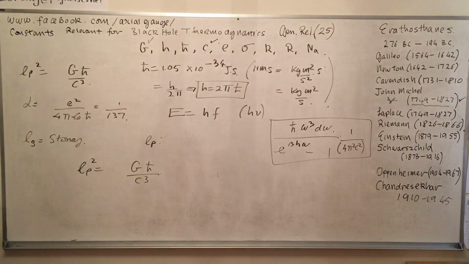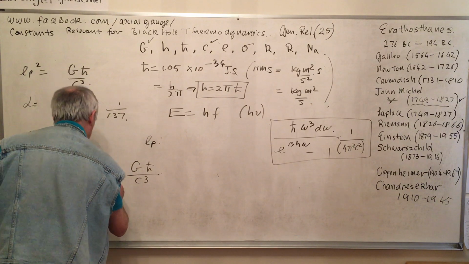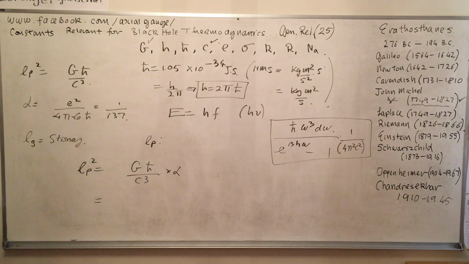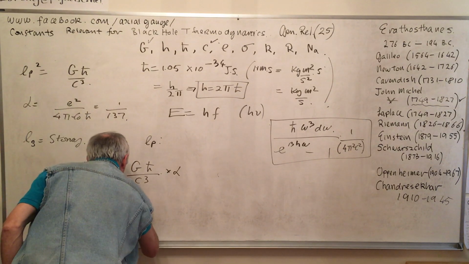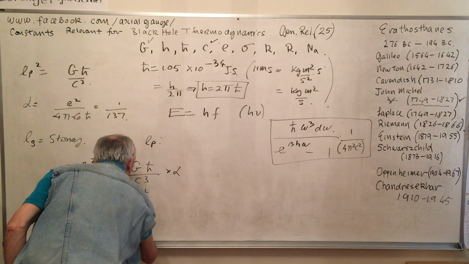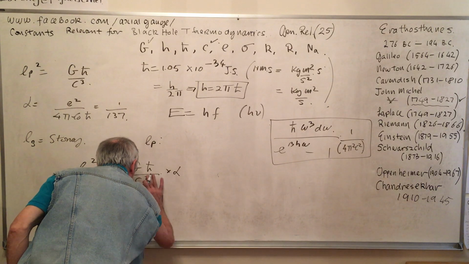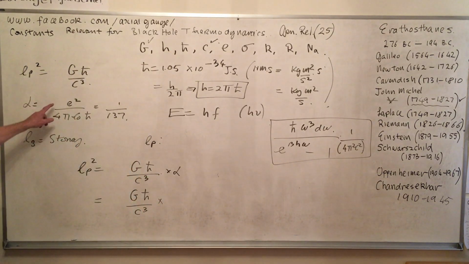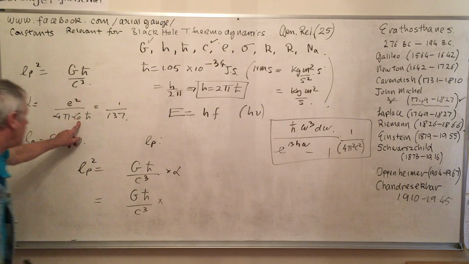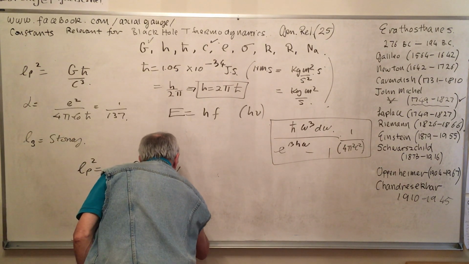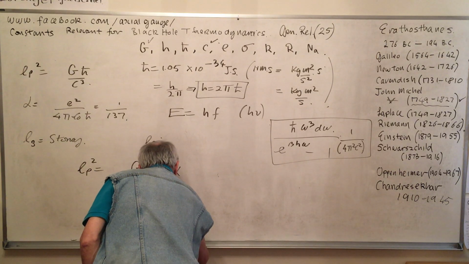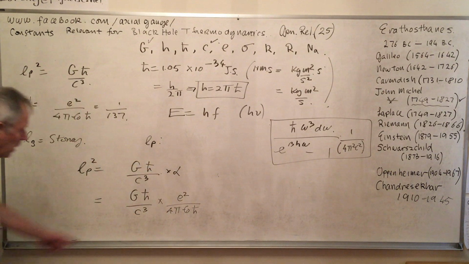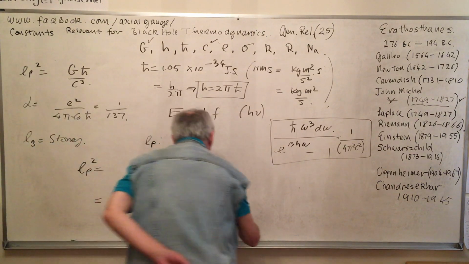Let's multiply LP squared by alpha, multiplied by the fine structure constant. Now the fine structure constant is e squared over 4 pi epsilon 0 h cross. Okay, see what happens? The h cross is eliminated.